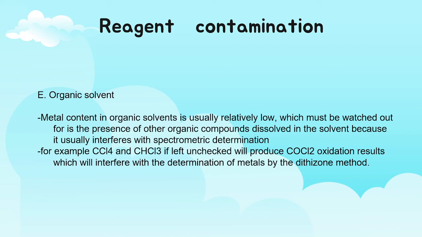D. Organic solvent. Metal content in organic solvent is usually relatively low. What must be watched out for is the presence of other organic compounds dissolved in the solvent, because it usually interferes with spectrometric determination.